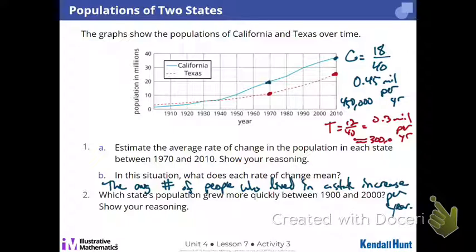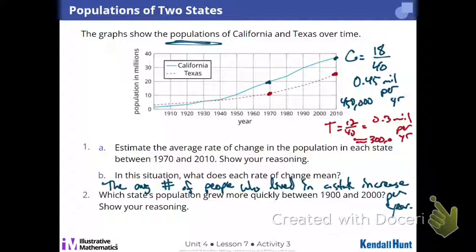So our average rate of change being positive said people are moving to California and Texas. Or, actually not that, their populations are increasing, so maybe they're just having a lot of children. Or a combination of the two, right? It's total population, and it's just a raw number. In context, if the same number were applied to the whole country of China, would it be as significant?